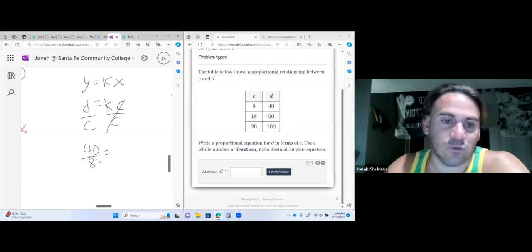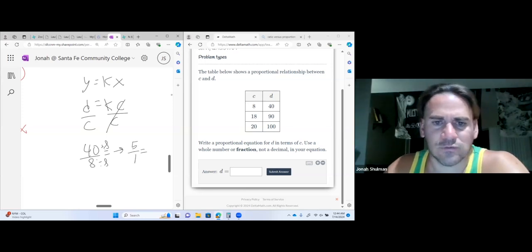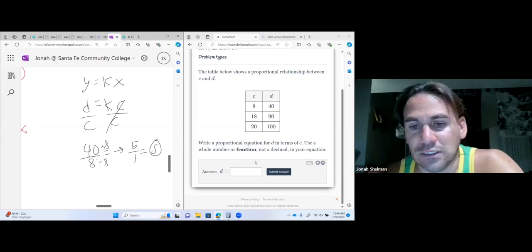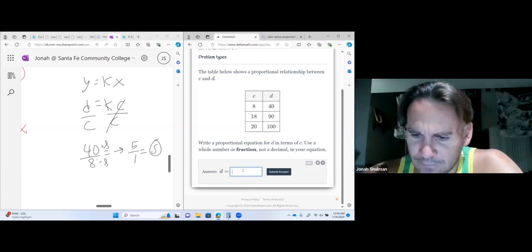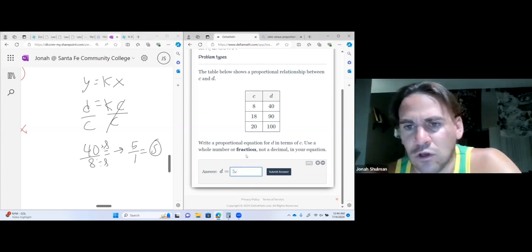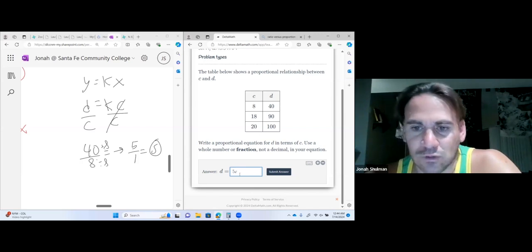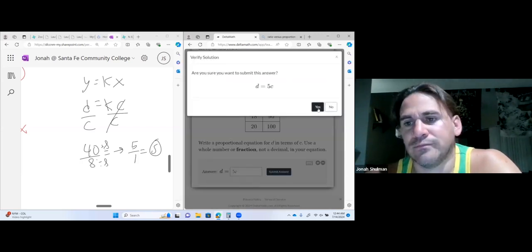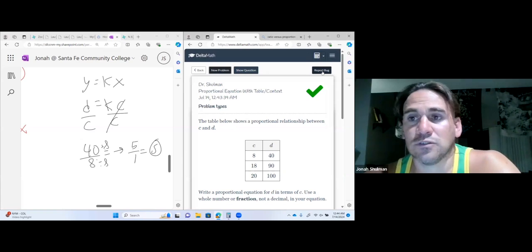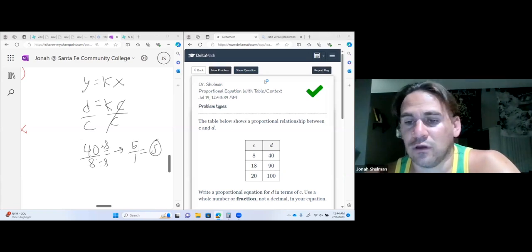Well, we can divide them both by 8 if we wanted. We're going to get what? This is 5 over 1, which is 5. So D equals 5C. And we can think about it the other way too. What is 8 times 5? 40. What is 18 times 5? 90. What is 20 times 5? 100.